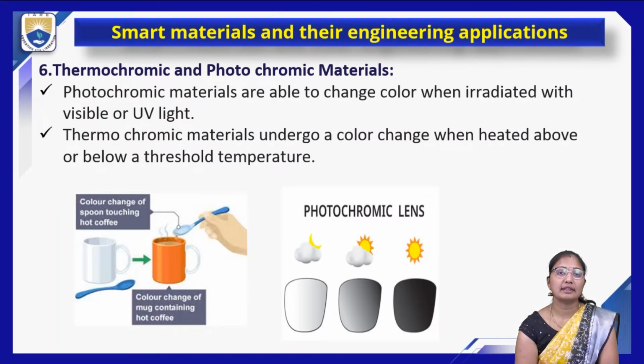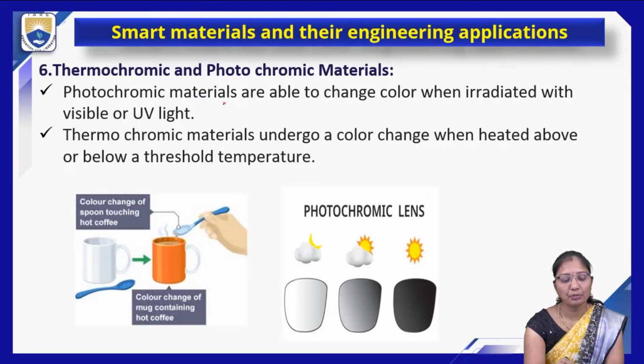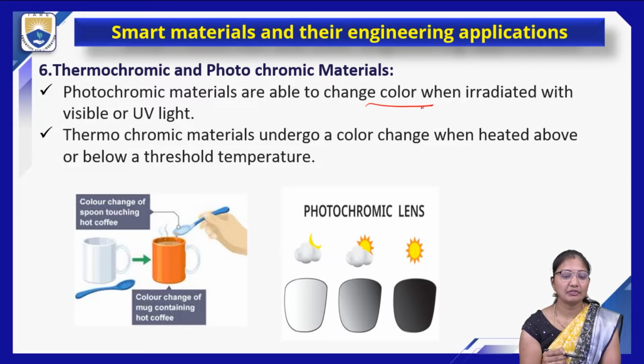The next smart materials are thermochromic and photochromic materials. Thermochromic, the name itself indicates temperature, so based on the temperature, the color changes. Photochromic, based on light, changes its color. Photochromic materials are able to change color when irradiated with visible or UV light.